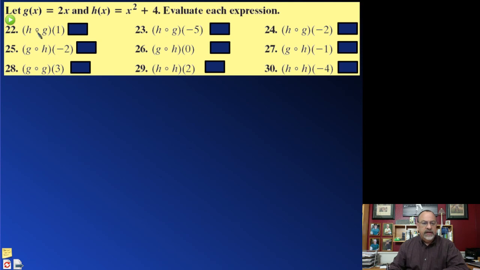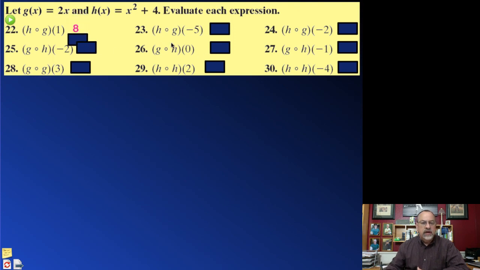If I'm composing h composed with g of 1, I take the number 1 and put it into the g function and take that result and put it in the h function. So substituting 1 into this function, 2 times 1 is 2, I then take that result, put it in the h function, 2 squared is 4, and then 4 plus 4 is 8, so h composed with g of 1 is 8.